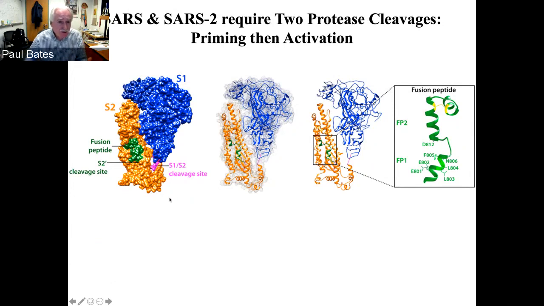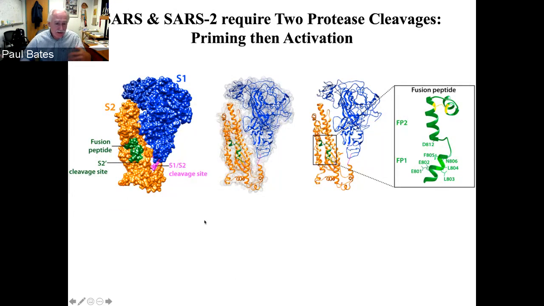That's another sort of unique feature of the coronaviruses, is that their fusion peptide is not near the amino terminus after the priming event. So the priming event for most class 1 viral fusion proteins puts the fusion peptide at or very near the amino terminus of the membrane spanning protein.